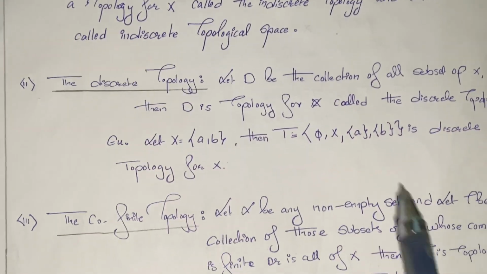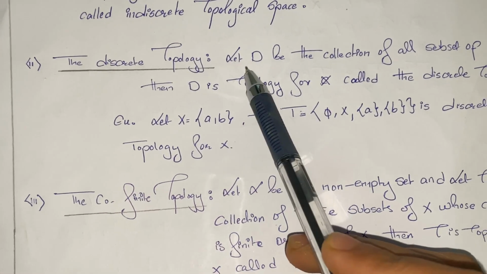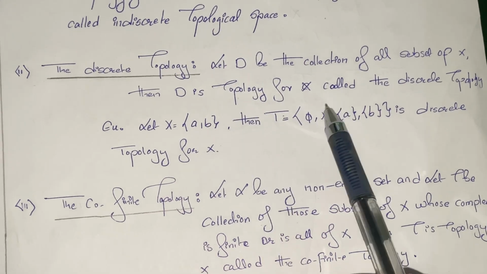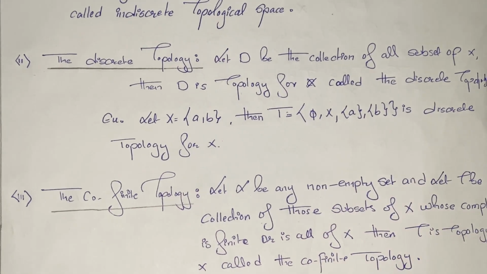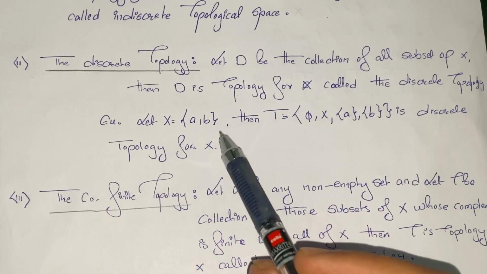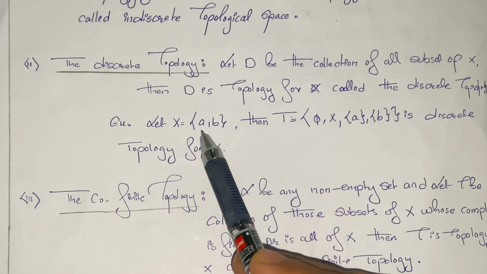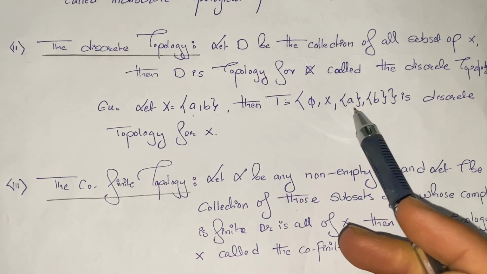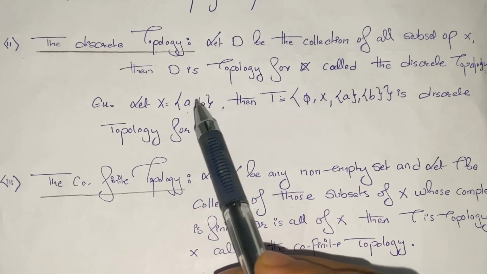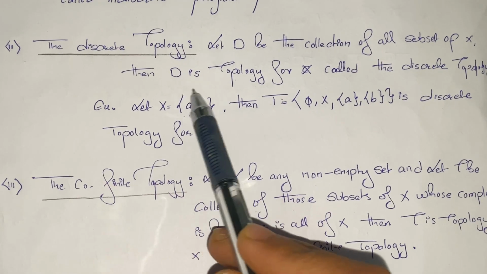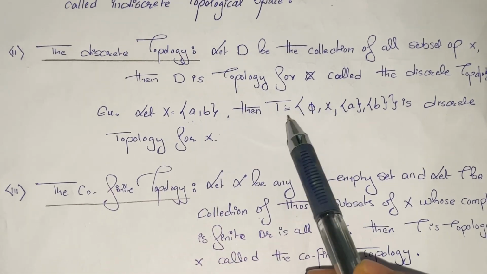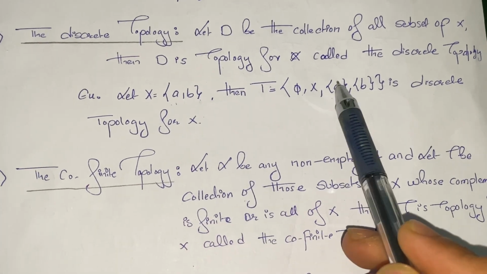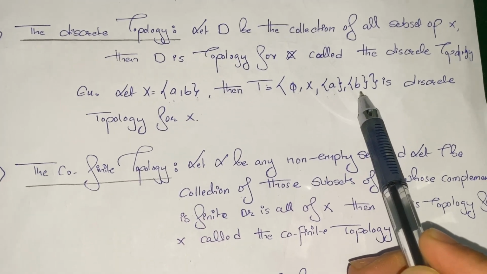So this kind of topology is called the indiscrete topology, and this space is called the indiscrete topological space. The next one is the discrete topological space. Let D be a collection of all the subsets of X. Then D is a topology for X called a discrete topology. What we are trying to say is that if you have a set X consisting of the elements a and b, and you take all of the possible subsets of X, that is the null set, the whole set X itself, then {a}, then {b}.